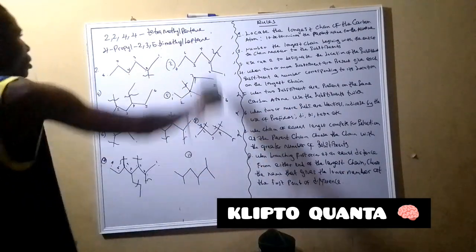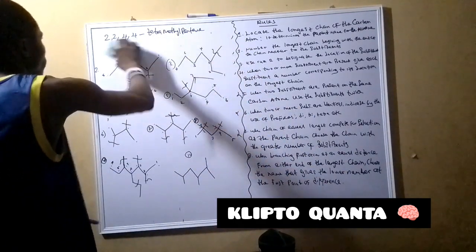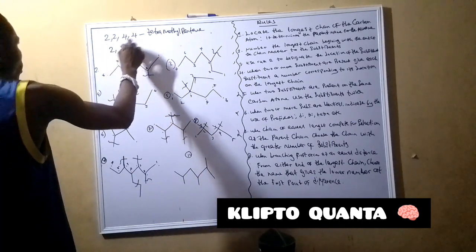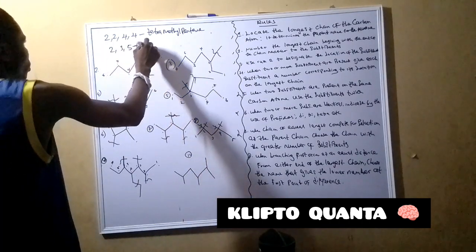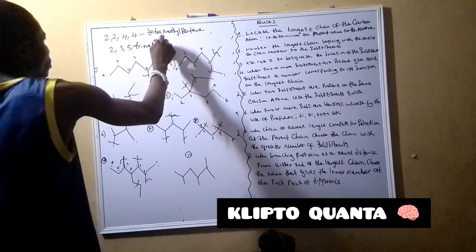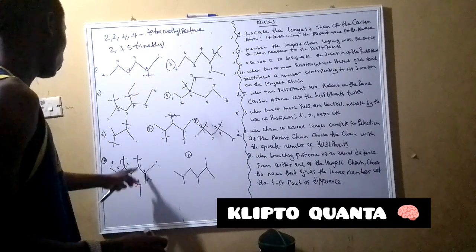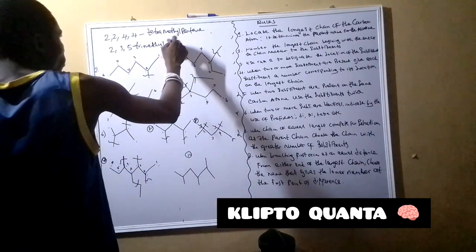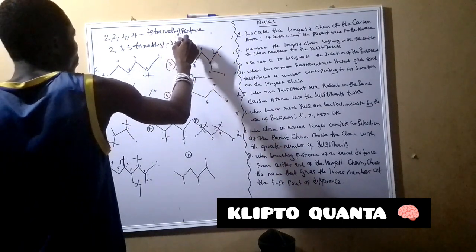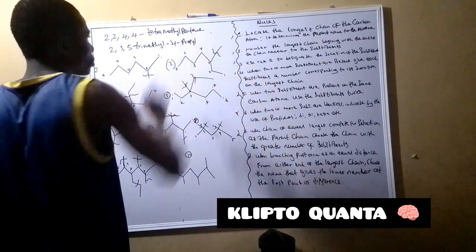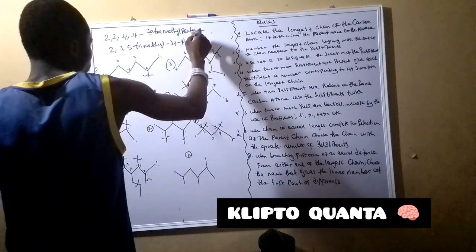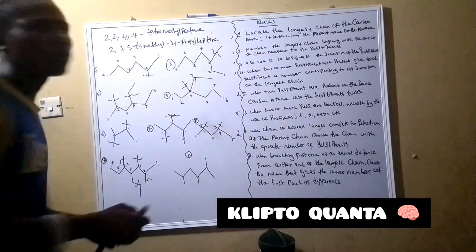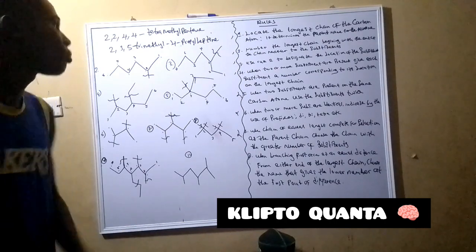Do not forget that. So you have 2, 3, 5 trimethyl. Are you with me? 2, 3, 5 trimethyl. Then you have your 4 propyl heptane. Yeah, 4 propyl heptane.